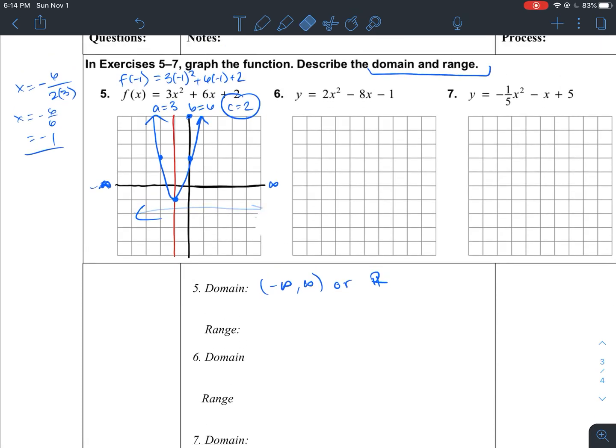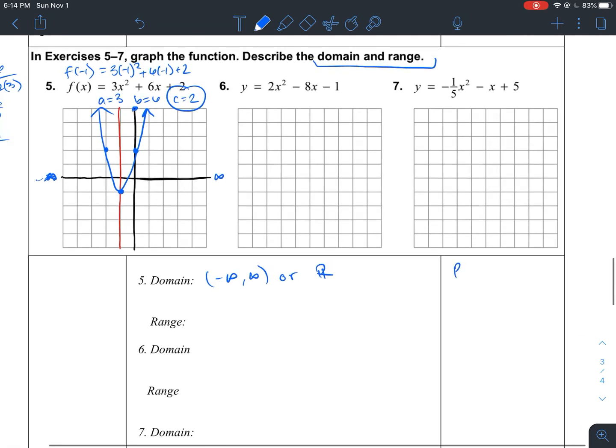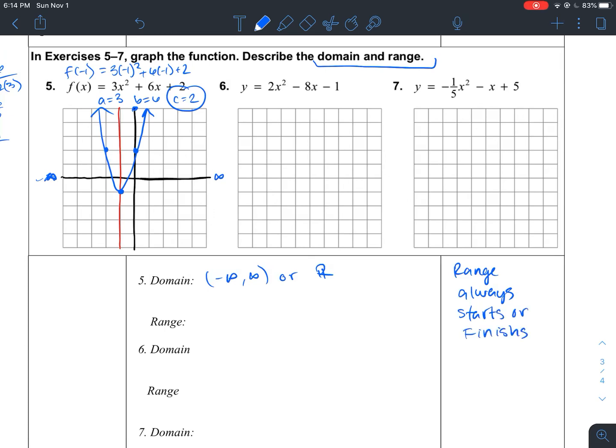Now the range won't be quite the same. So the range always starts or finishes with max or min. And remember that the range and the domain are always written from lowest to highest.